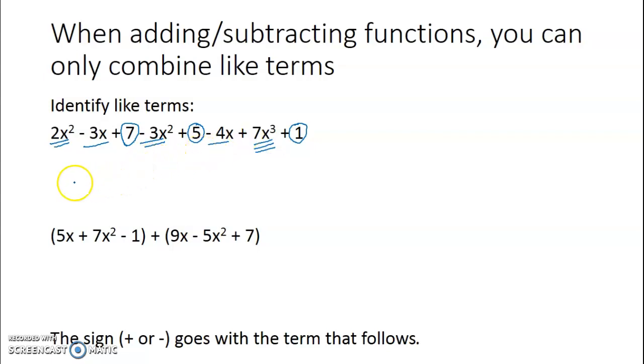Then I can rewrite them all grouped together. So first I have my x to the third. Then I have my positive 2x squared and my negative 3x squared. Both of those I had already identified with that double line.